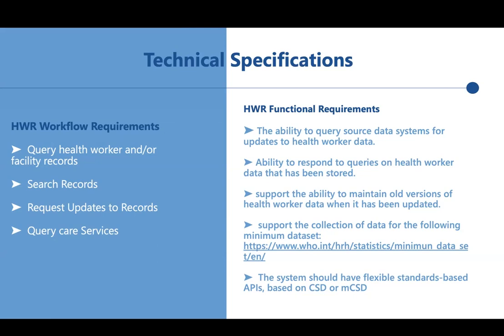Then lastly, you need to be able to use international standards and APIs so that you can easily do system-to-system integration. Right now, mostly they talk about CSD and MCSD, which is care service delivery, and mobile care service delivery, which are both FHIR standards.